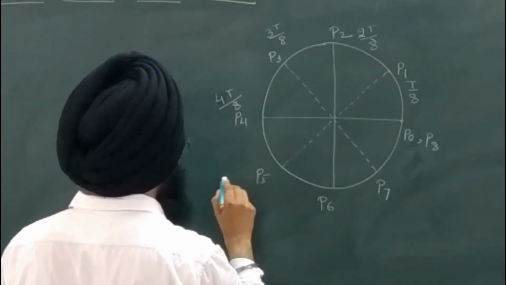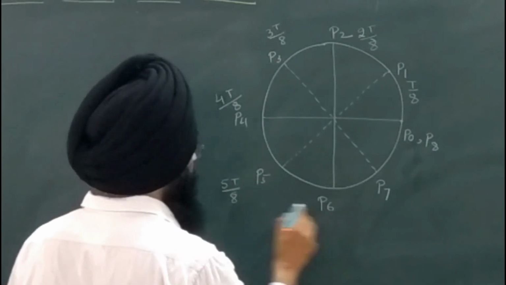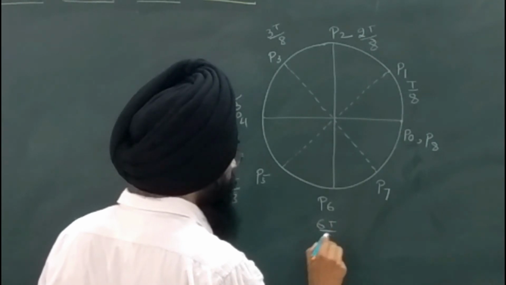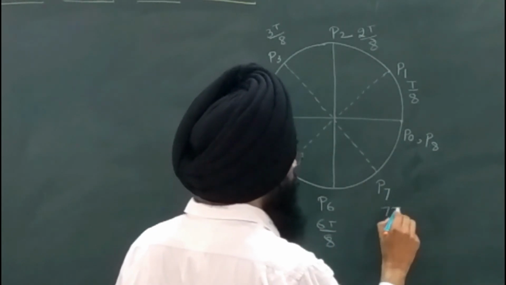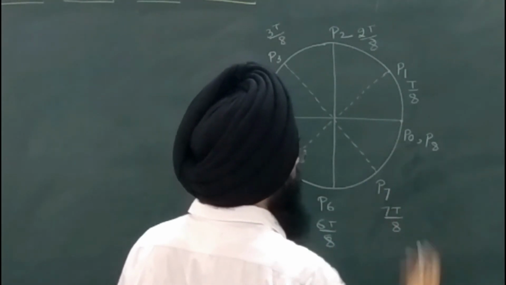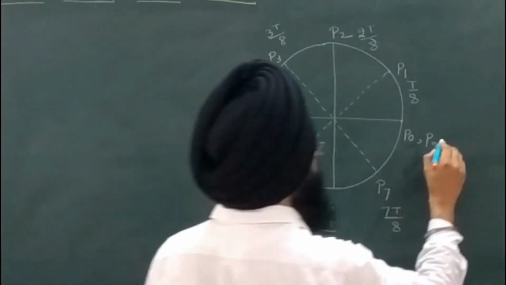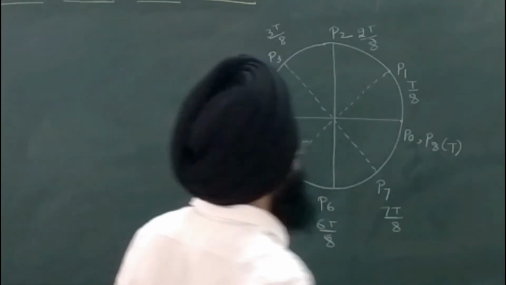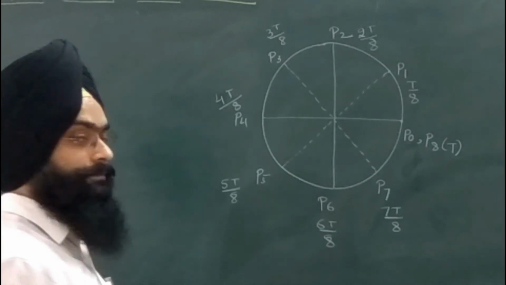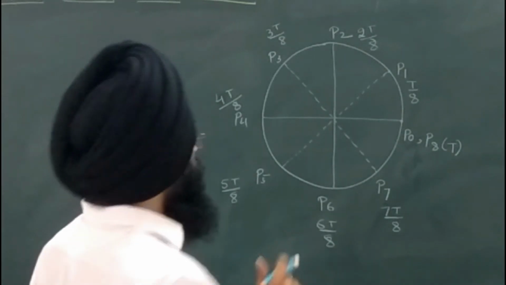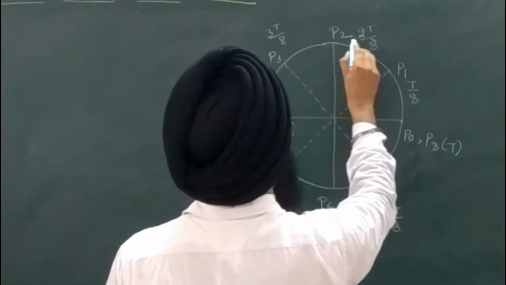So here we have 5T/8, 6T/8, 7T/8, and 8T/8 means T here. So T is completed here. We have to draw the parallel lines.